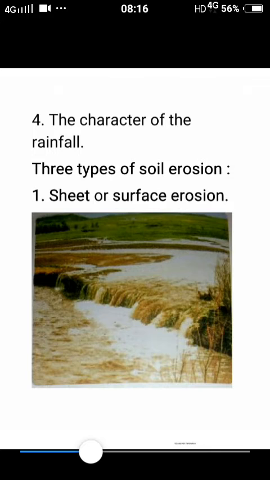Three types of soil erosion. Here is sheet or surface erosion. Sheet or surface erosion generally happens on flat surfaces where the entire top sheet of soil is carried away, leaving behind barren rocks.